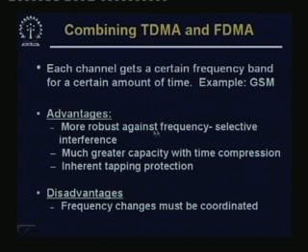Advantage is that it is more robust against frequency selective interference, because for a particular communication the frequency is changing. Much greater capacity with time compression, inherent tapping protection. So, it has a lot of advantages, and of course, it is quite efficient. Disadvantage is of course once again just as in TDMA that we have to synchronize the clocks etc. So, here frequency changes must also be coordinated.